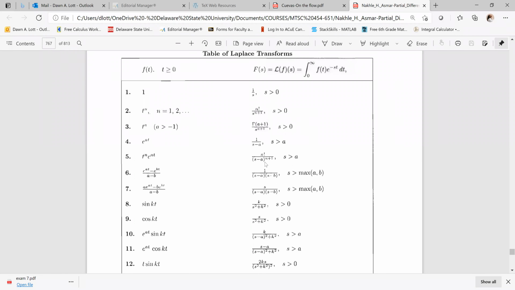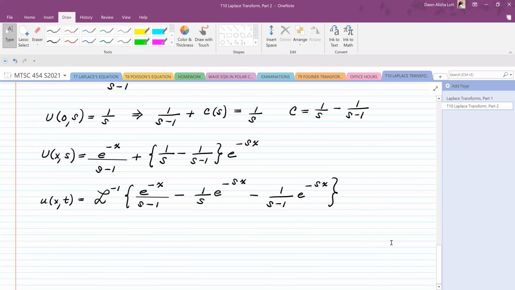The Laplace transform of t to the n e to the at comes out to be n factorial divided by S minus a to the n plus 1.